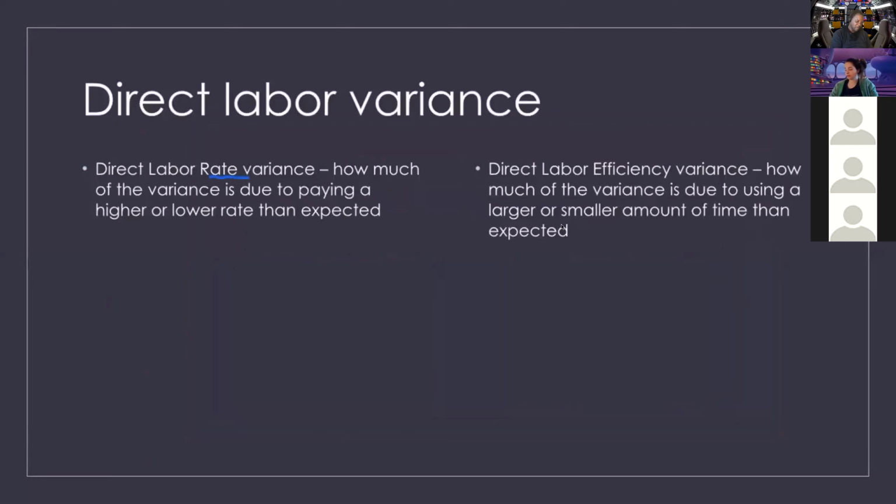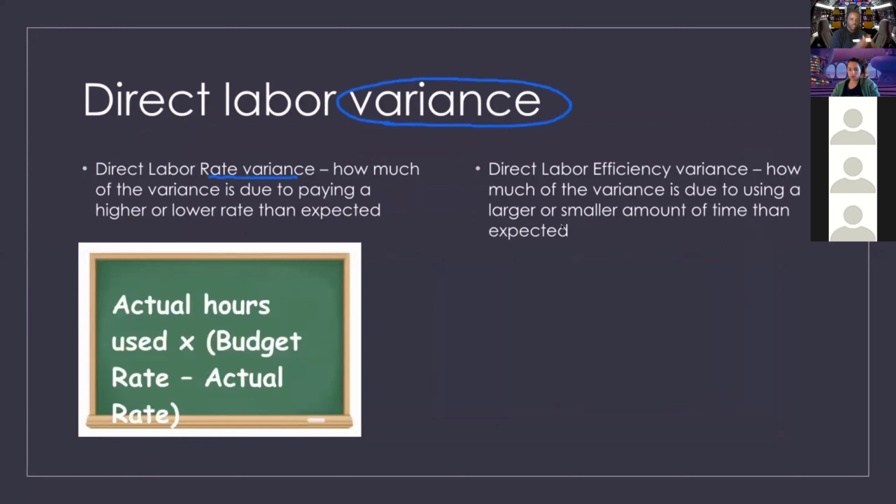The rate variance is saying how much do we expect to pay versus what we actually paid. So how much of this variance is due to the fact that we ended up paying our employees more or less than we anticipated. And to calculate that, you take the actual hours that were used, multiply it by the difference between the budget rate and the actual rate.